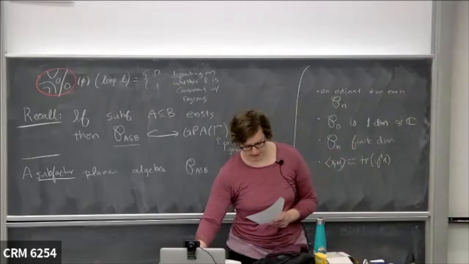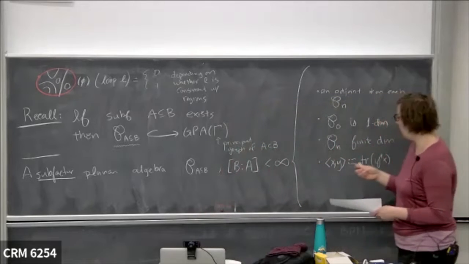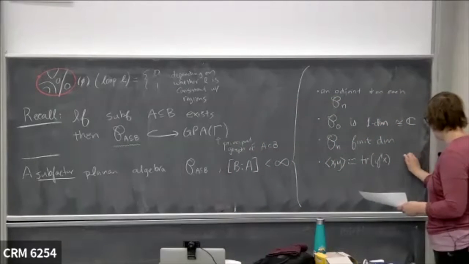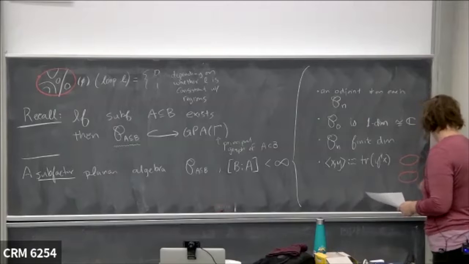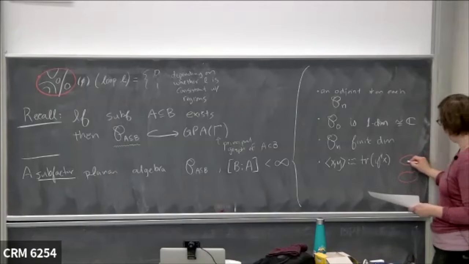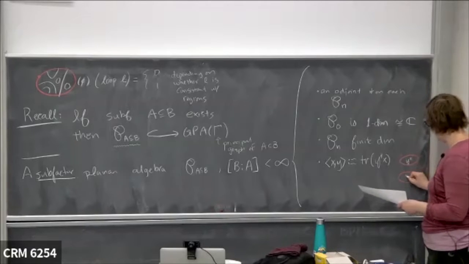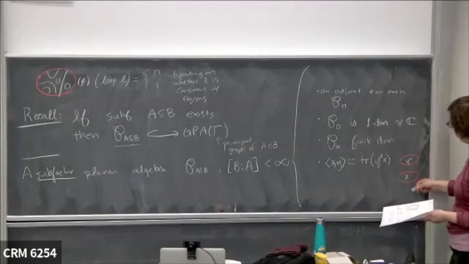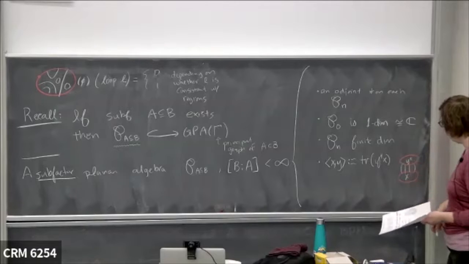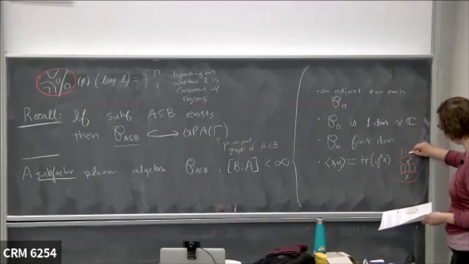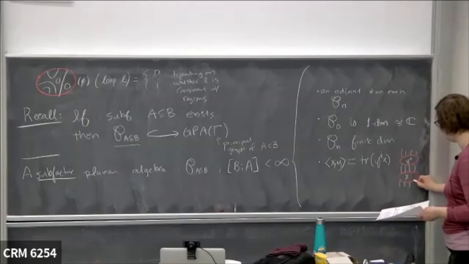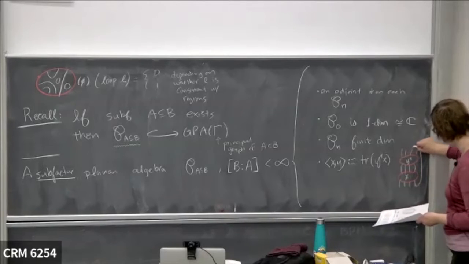These operations, other than the star, the multiplication and the trace, come from the planar algebra. So we have x, we have y star. We connect up half their strands, and then we connect up the rest of their strands.